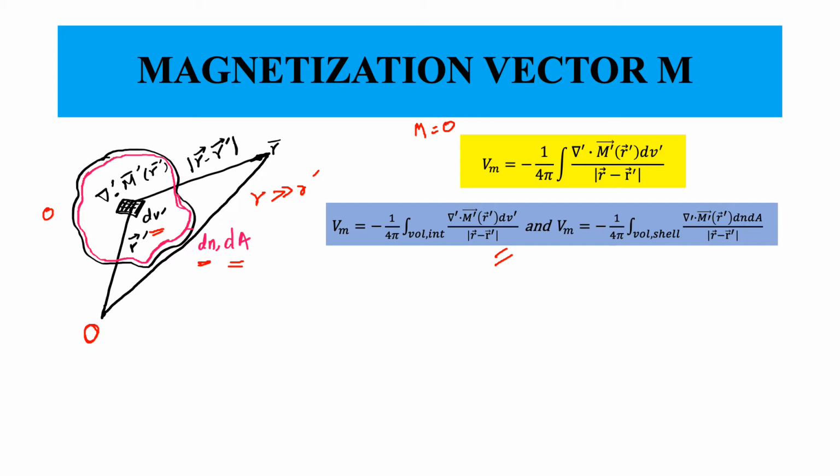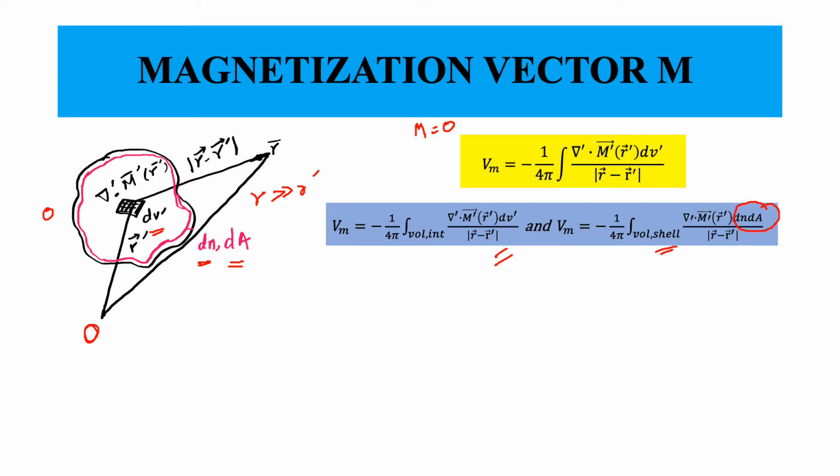And then, one part of the integral we have done is entirely the interior. Then there is a next part of the integral, which is on the shell, essentially the surface integral. The integral will not change, except that you are integrating with respect to dn dA rather than dV prime.